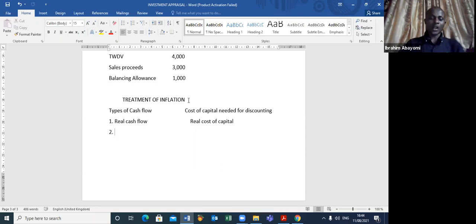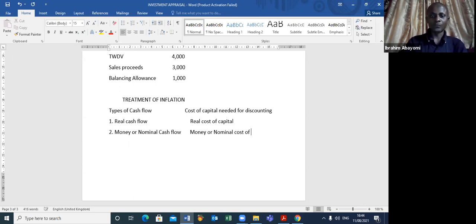Now you can also have what we call money, or nominal, cash flow. When you have a nominal cash flow, it should be discounted using money or nominal cost of capital.